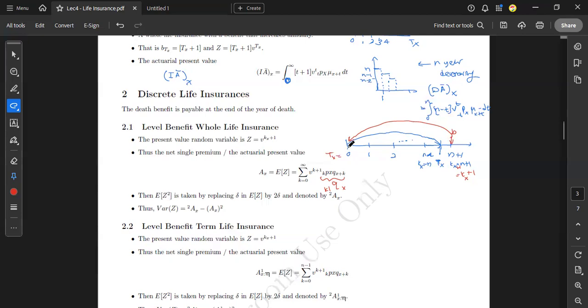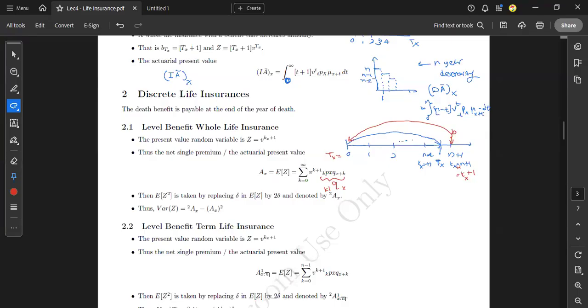So if this person dies in between 0 and 1, which is within the first year, that means the discount comes from 1 because the benefit is paid at the end of the first year. So we're almost sure that we take it back from 1 year. So that's the difference. So previously we multiplied by Vt, but here k plus 1 is the present value.